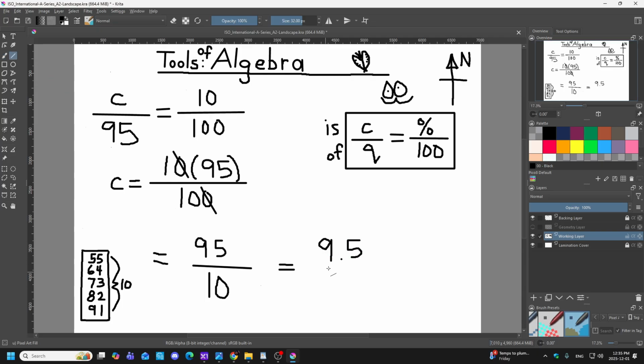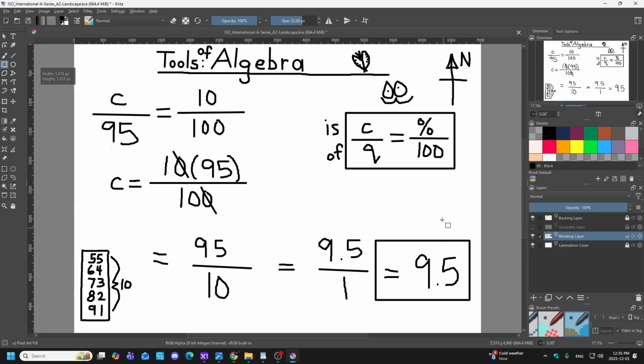Essentially, this is what I've done. Okay, so our final answer should be 9.5. Trying to go through these a little bit quicker. Okay, that makes sense? Totally does make sense.